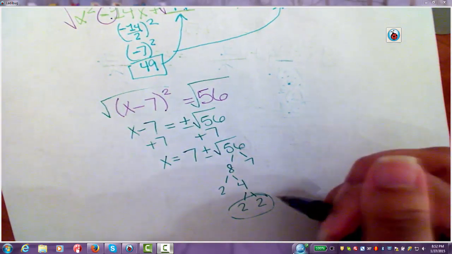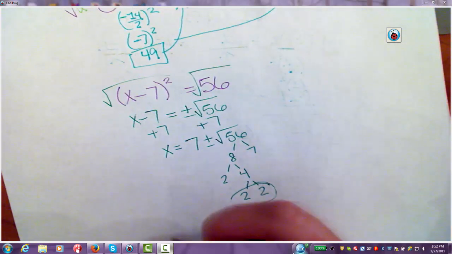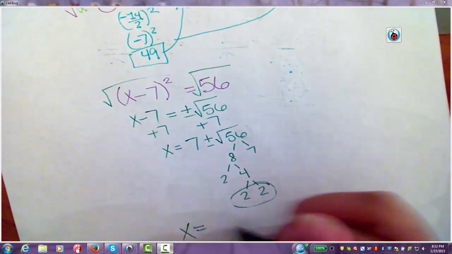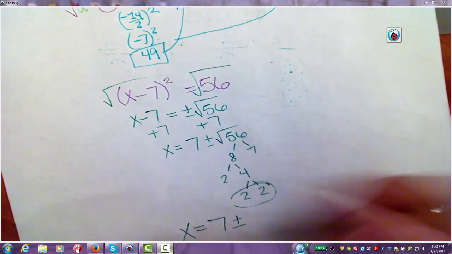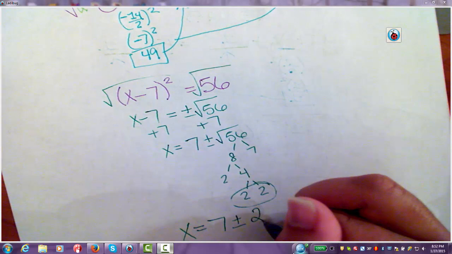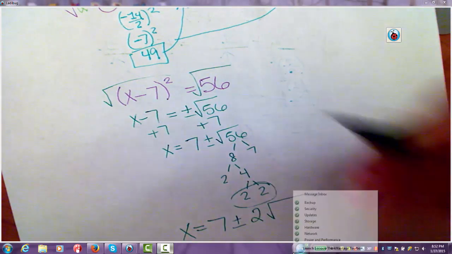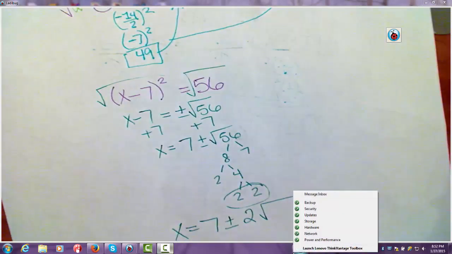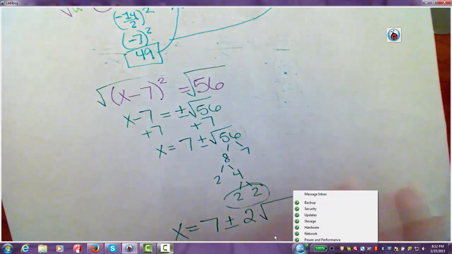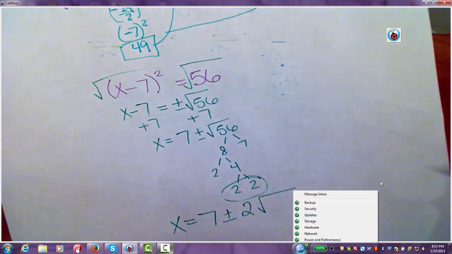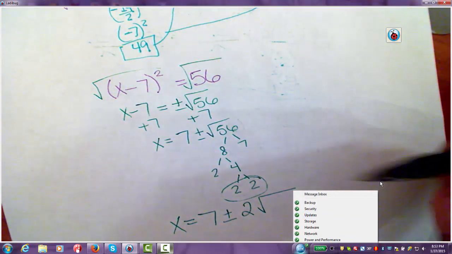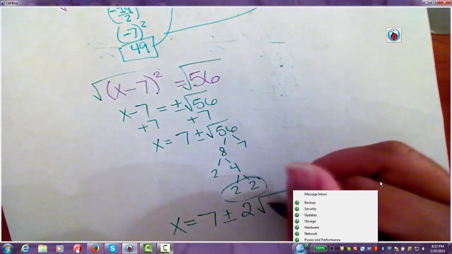So we get x equals 7 plus or minus 2 square roots, and then we combine 7 and 2, and we get 14 left under the radical.